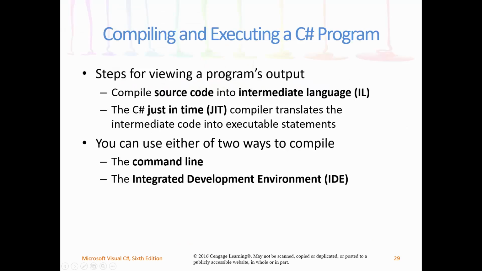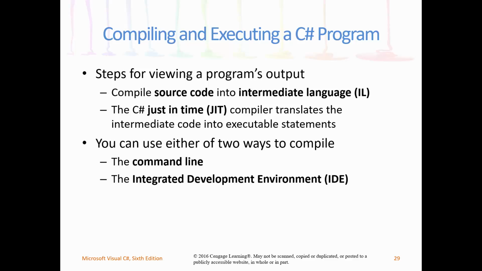Notice as it says, when you compile a program in this language, you compile it into what's called IL or intermediate language. And technically that's not even correct. You actually compile it into what's called MSIL, where the MS stands for Microsoft. The C# just-in-time or JIT compiler translates that intermediate code into executable statements.